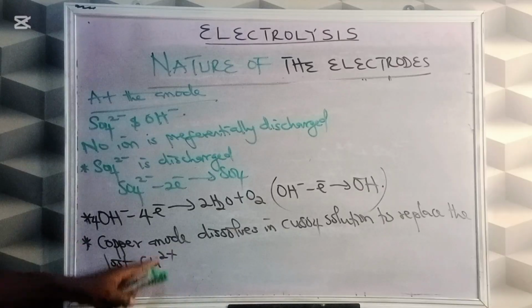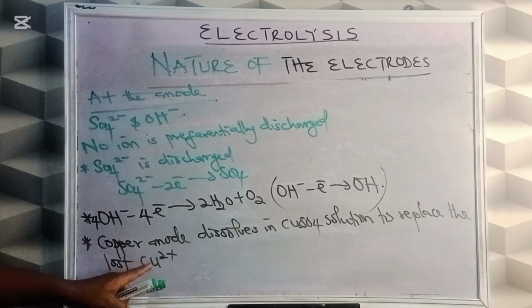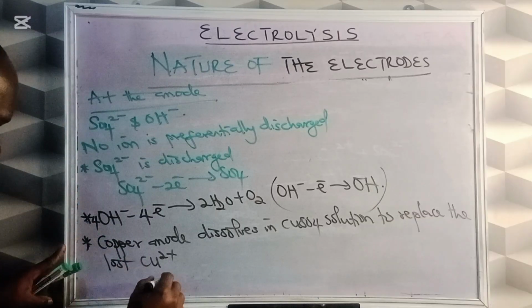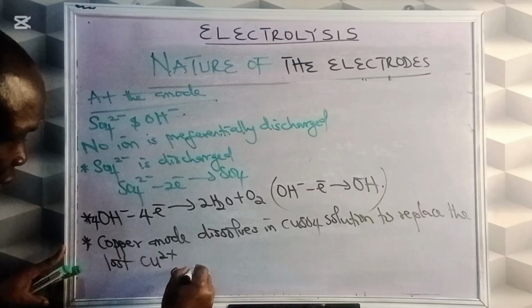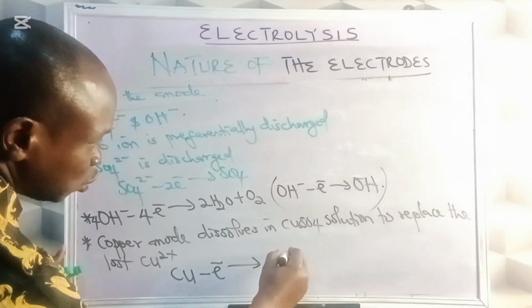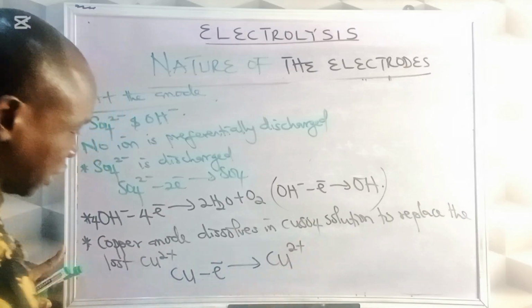You know, the copper(II) ions in the solution at the cathode have been discharged. So the copper anode will now dissolve in the solution. So this is the reaction that will occur. Copper will now become copper(II) ion.